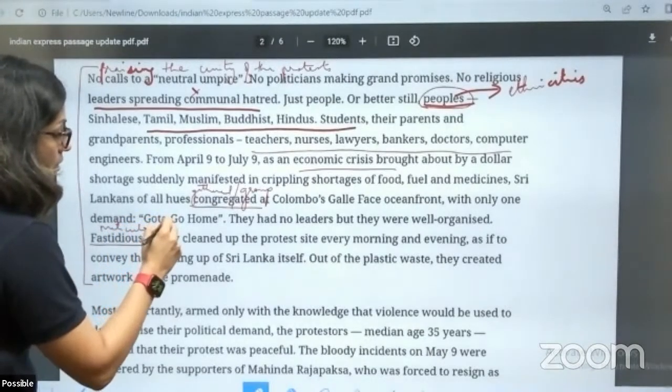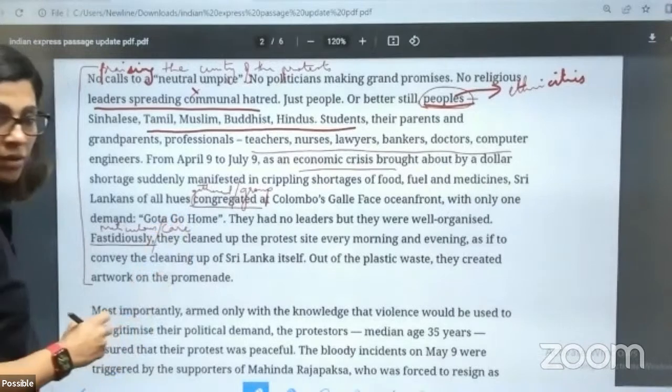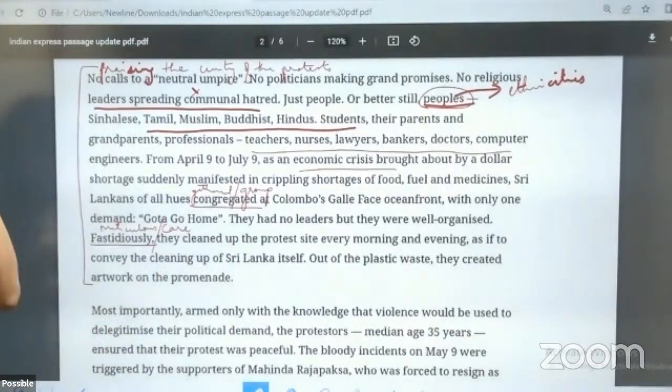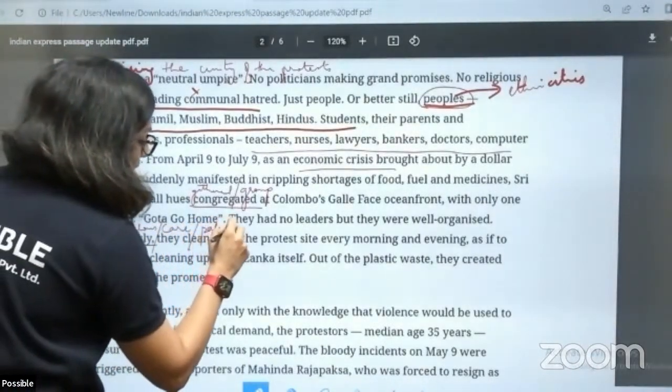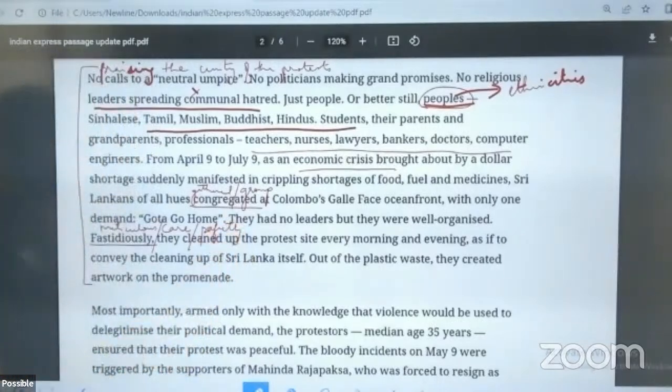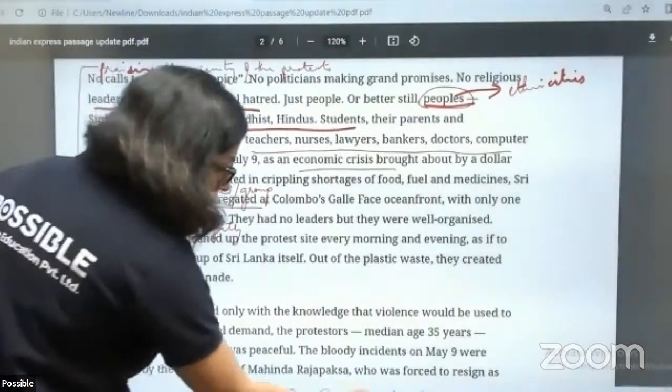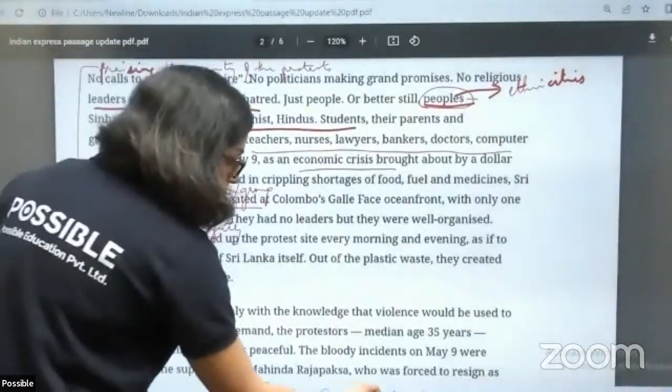Done it with great care. Isn't it? Care. I'll take your answer, Anand. Responsible. That's fine. Achal, yes, want to be perfect. So let's write perfectly. Fastidiously means without any mistake. Perfectly. Meticulously. Meticulous. Note it down.